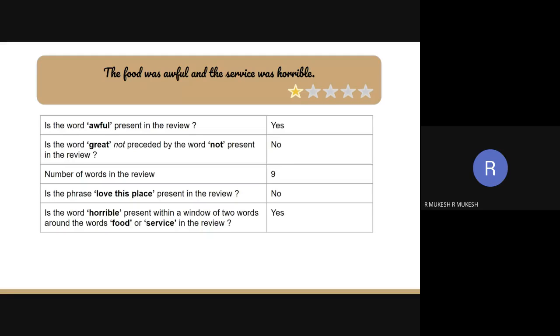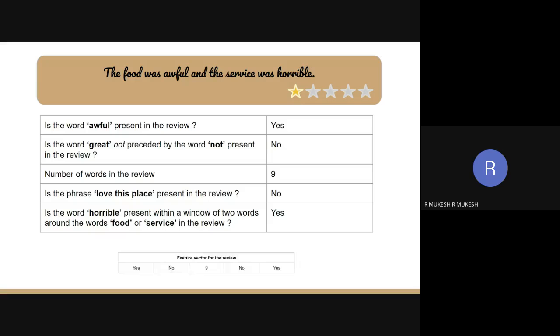There are similar features, like is the word horrible present in the review, but associated with either food or service. So we want to look whether horrible is present within two words of the word service, which means horrible is related to service. If service is somewhere in the beginning and horrible is not associated with it, then this feature would not be fired.